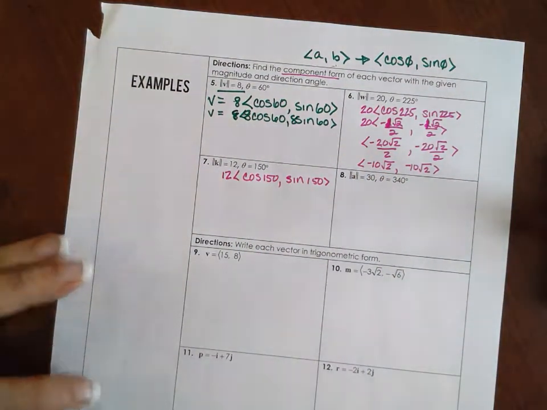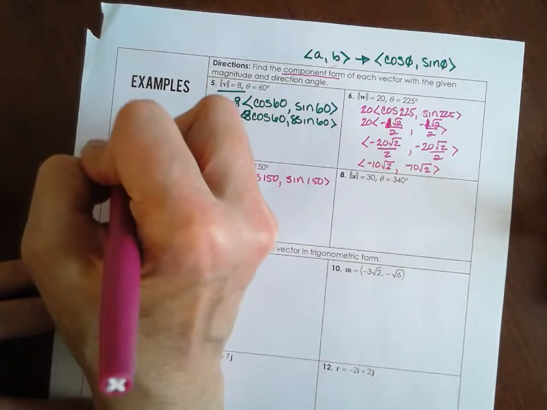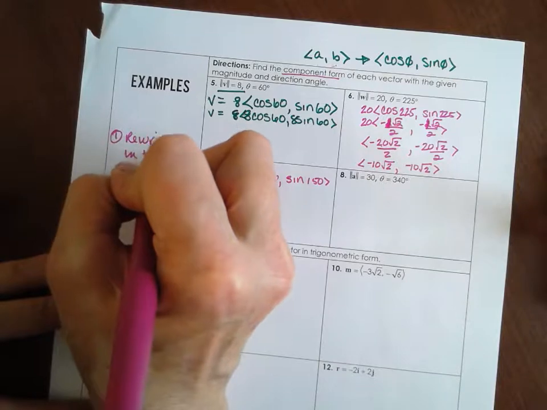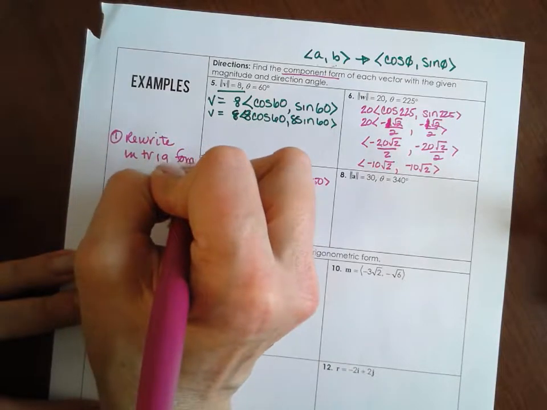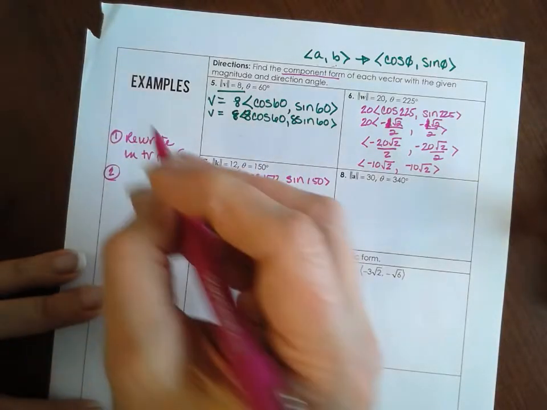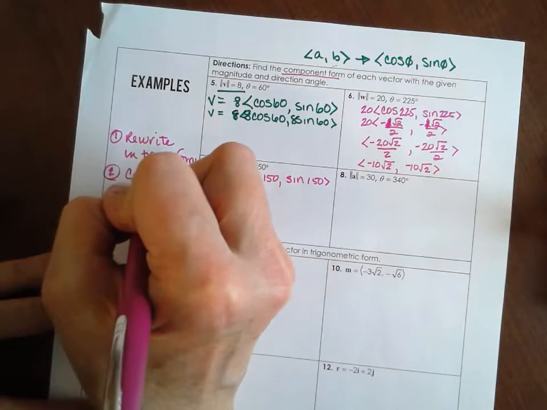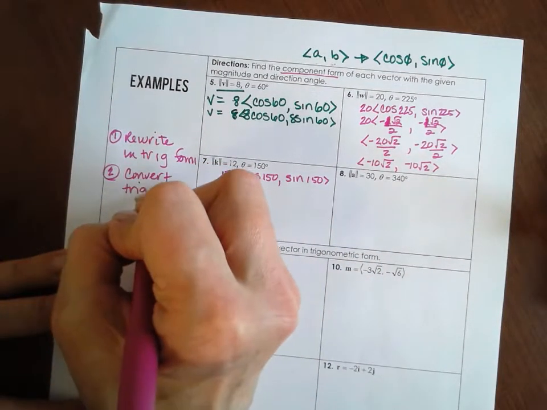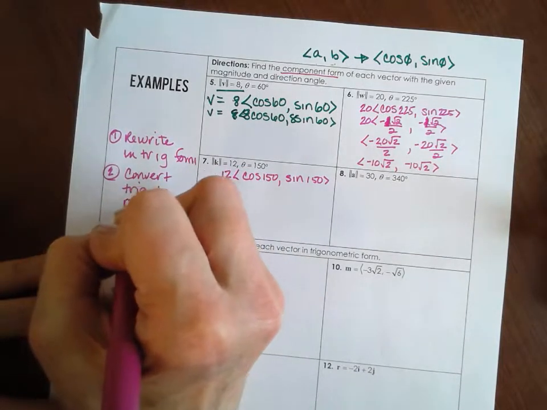What's the next step? So the first step is to rewrite in trig form. Okay, so convert the trigs to radicals.